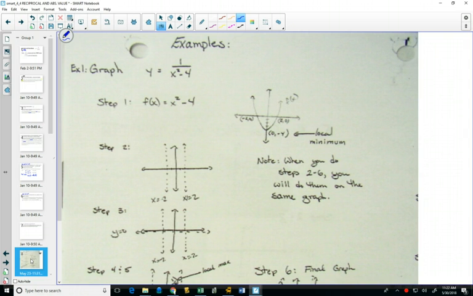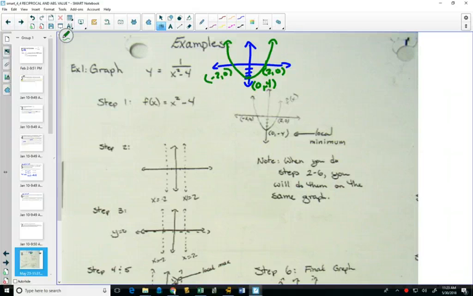So if I wanted to graph y equals 1 over x squared minus 4, I'll do step 1, and I'll draw x squared minus 4 first. So that's a parabola shifted down 4. It has an x-intercept at 2, 0, a vertex at 0, -4, and another x-intercept at -2, 0.